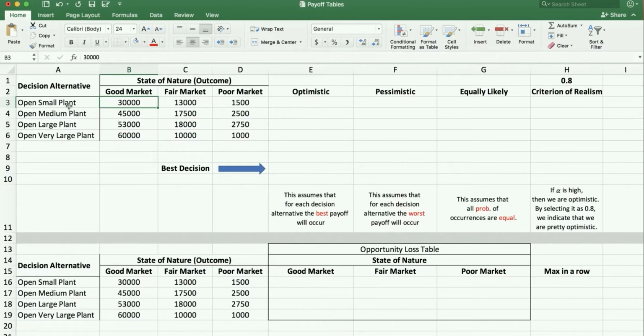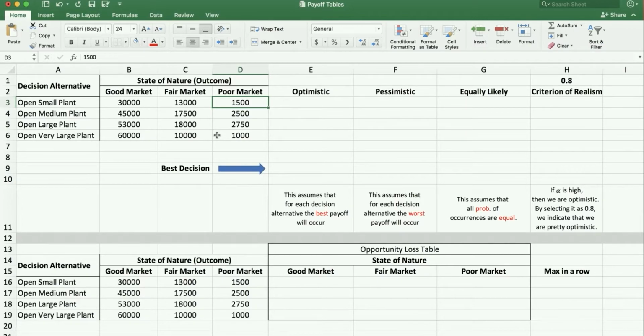For example, if I choose to open a small plant when the market is good, my payoff will be $30,000. So I will make $30,000. If the market is fair, then I will be making 13,000. If the market is poor, I will be making 1,500, and so on. Okay, so this is how we read this payoff table.